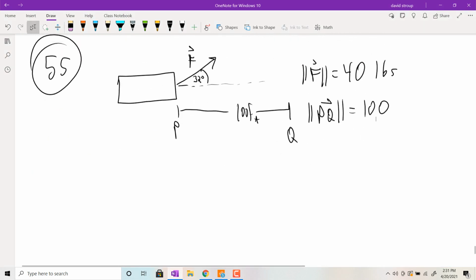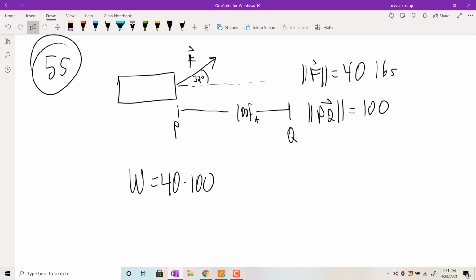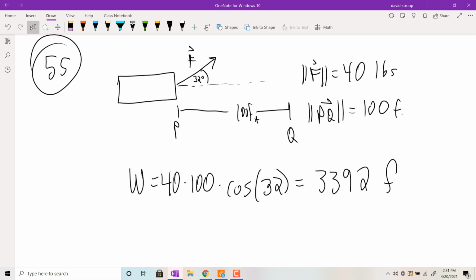Let's try that. Work will be 40 times 100 times the cosine of the angle, which is given as 32. Plug and chug, 3392 in the calculator. The units are foot-pounds, they will say.